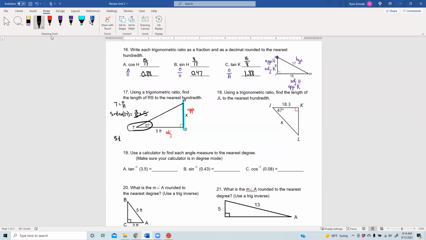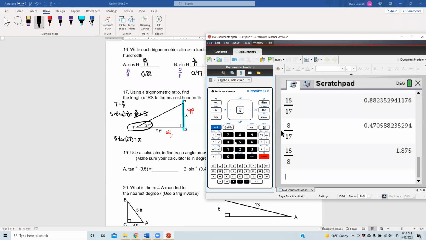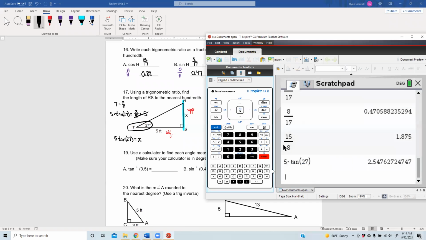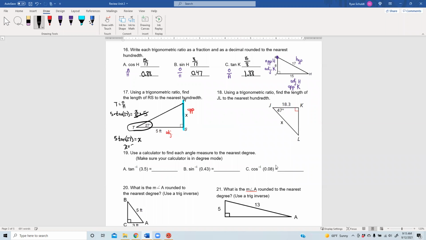I'm going to get 5 times the tangent of 27 equals X. X is by itself, so I can plug into the calculator. 5 times the tangent of 27 is 2.55, basically. So X is 2.55, and then we're going to be in feet.